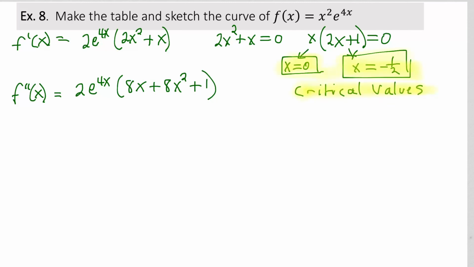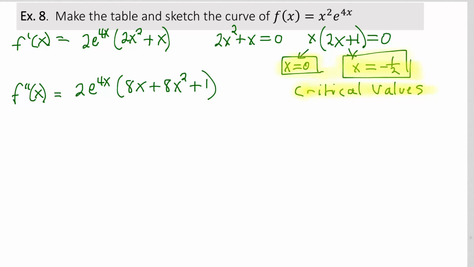Now, if I look at my second derivative to see if I have any inflection points, this part will not go to 0. But this part here very well could. I can see that this is going to require quadratic formula.